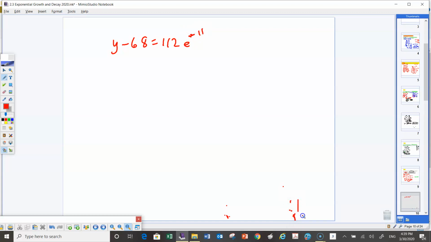Sorry about that. This is getting frustrating, this pen. Try that again. Negative 0.11 t.